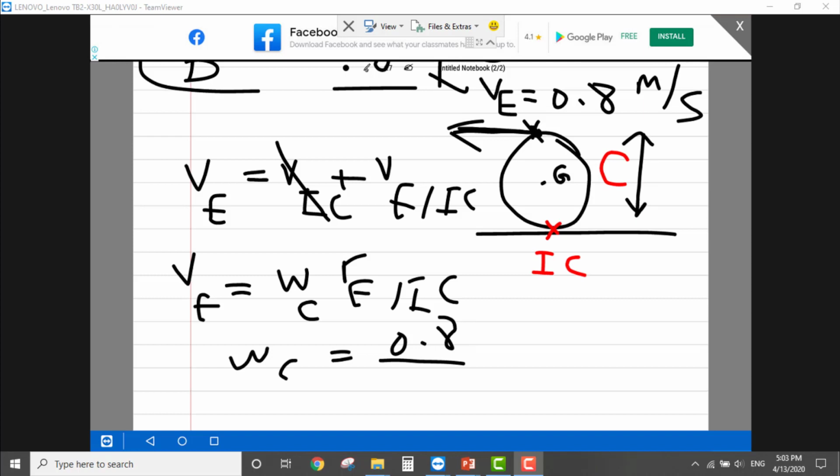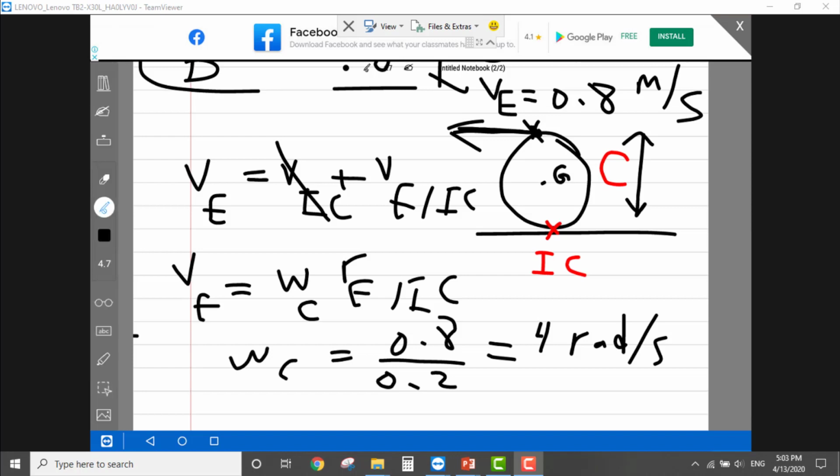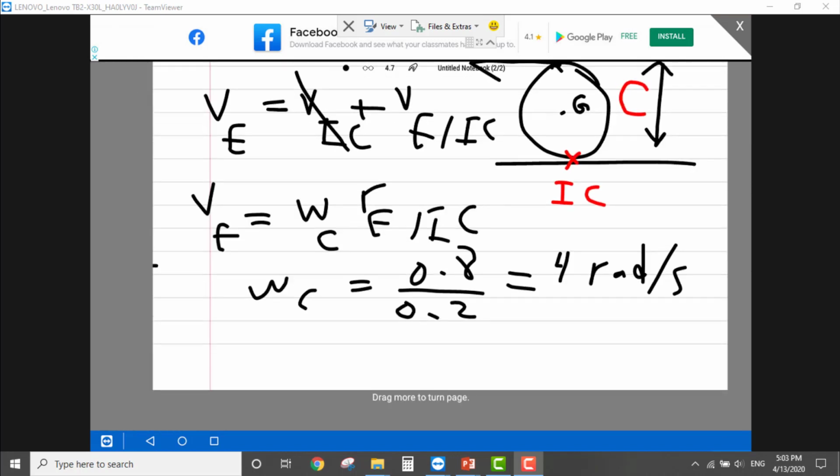The radius is given as 0.1, so the diameter is 0.2, and this is equal to 4 rad per second. Okay, so we could find the first unknown.